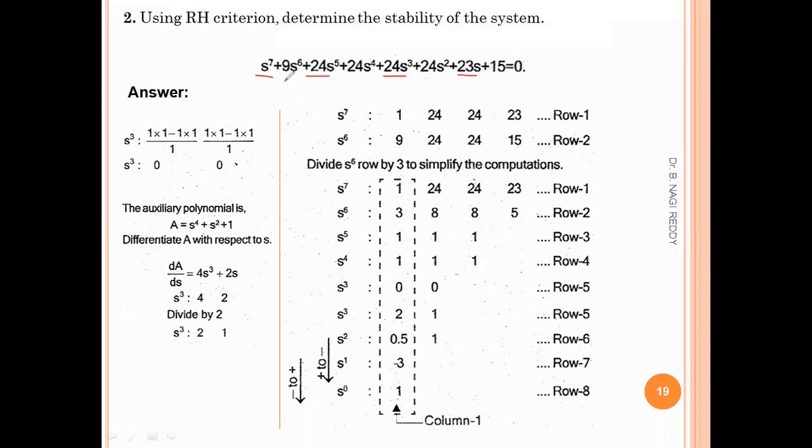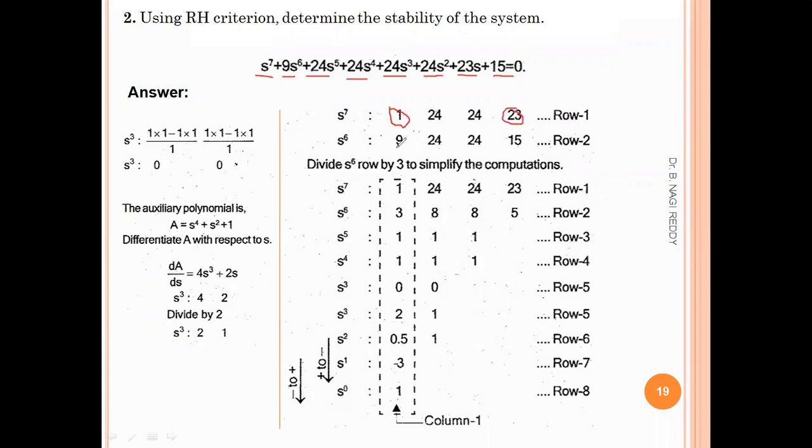1, 24, 24, 23. For the second row, the S power 6 row, the coefficients are 9, 24, 24, and 15. In order to simplify, in the first row, 1 is a prime number and 23 is a prime number, so we don't have any multiples.